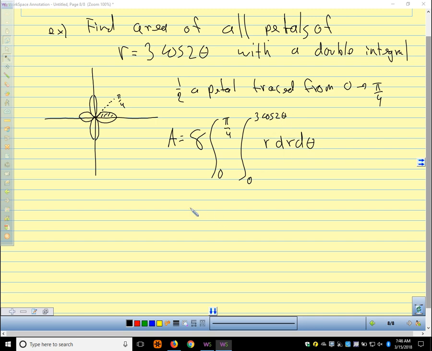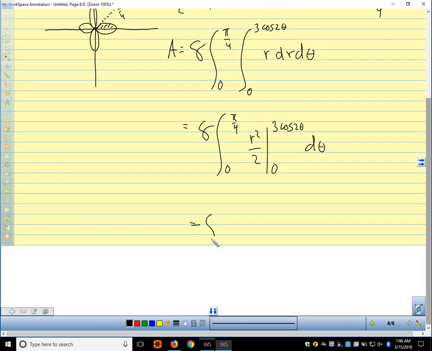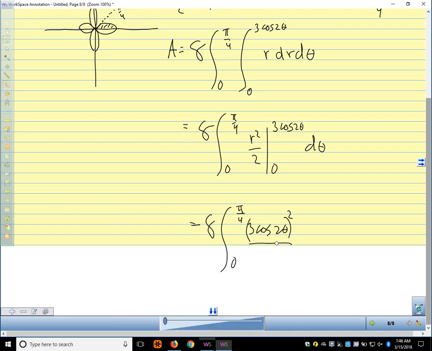So let's evaluate our first integral. We get 8 times the integral from 0 to pi over 4 of r squared over 2 evaluated from 0 to 3 cosine 2 theta, d theta. So we get 8 times the integral of (3 cosine 2 theta) squared times 1/2 d theta.